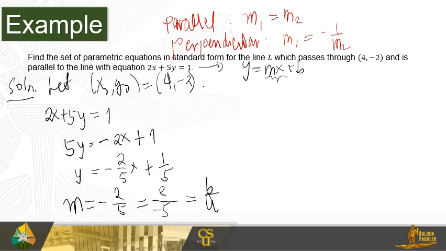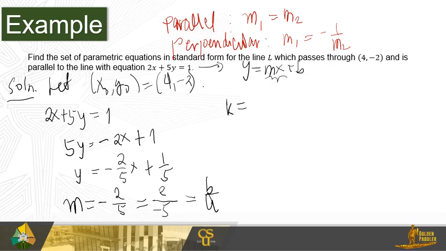Sorry, baliktad, tama nga pala: A over B pala ito. So, yung B pala natin is 2, yung A is negative 5, or pwede rin negative 2 yung nasa taas. Nagkamali lang ako.